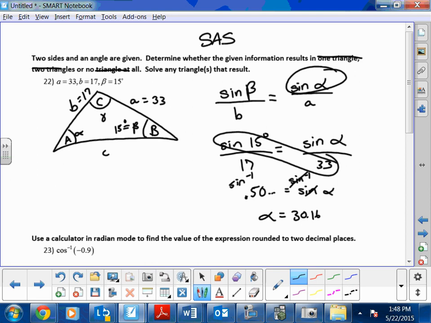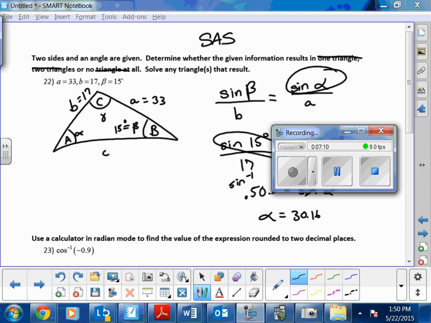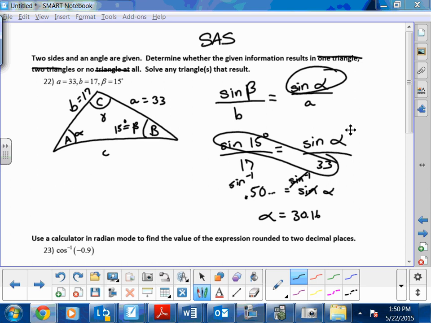So let's first find out, can our answer have two triangles? We're going to do 180 minus 30.16 to see if there's an alternate side on this inverse. Basically, we're looking for the other side of this to see if there's another angle there.